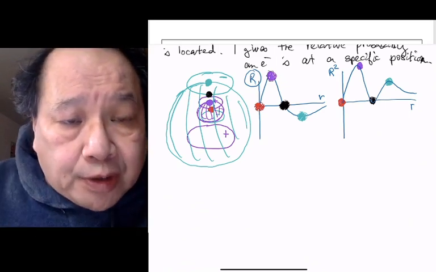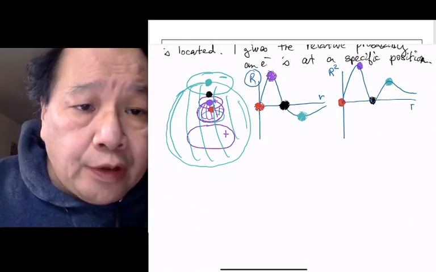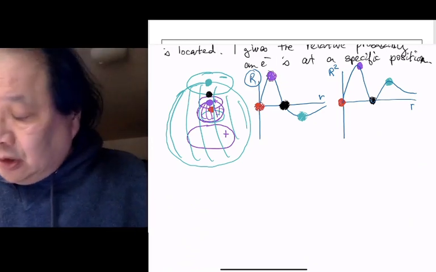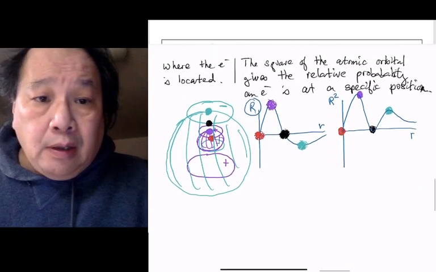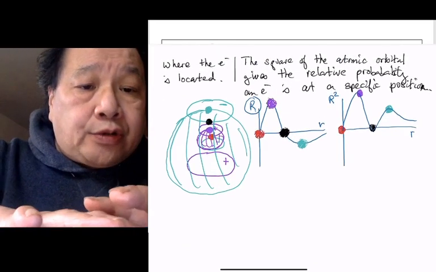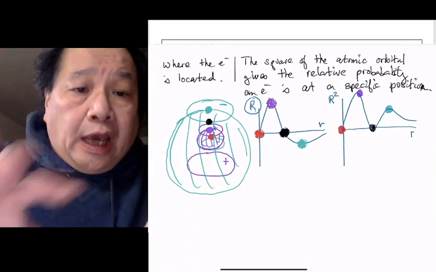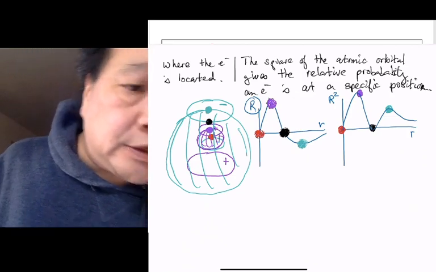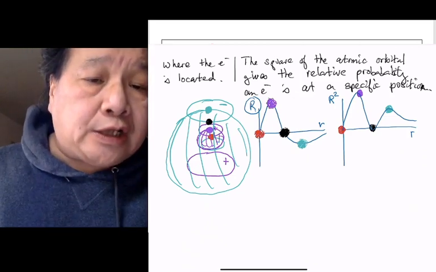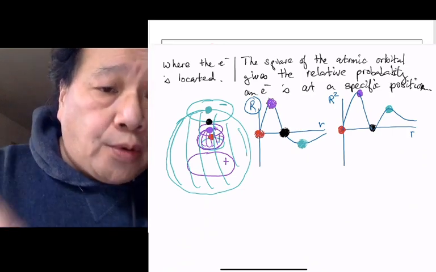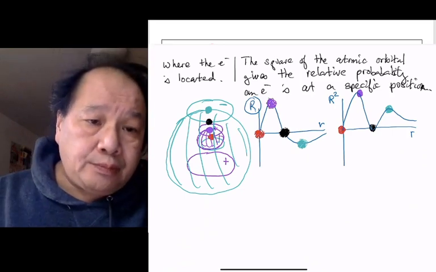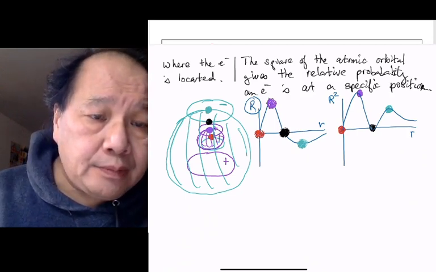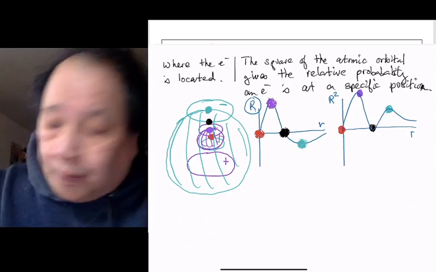Because we're now considering how far away the electron is, anywhere on that huge aqua sphere will count as being at that distance, and anywhere in that tiny purple sphere will count at that distance. Will that make aqua more or less probable? Put it in chat. It will make aqua more probable.